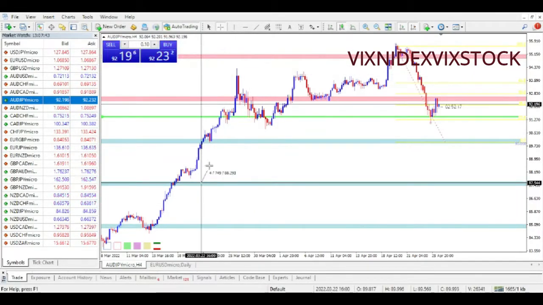Zone to zone. That's how I trade. That's why you see my zones are there. The blue ones, obviously, that's support, and the red ones are the resistance, whatever you want to call it. But basically, I trade zone to zone.